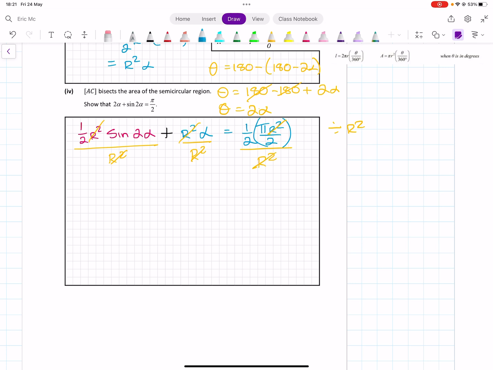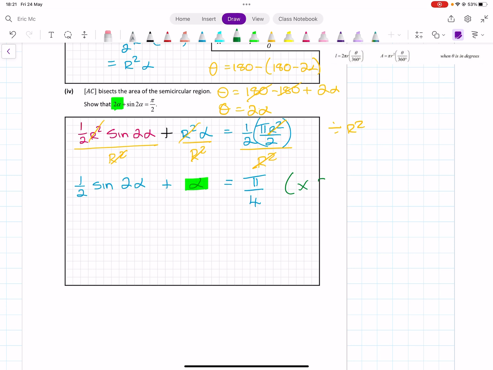Okay, so if I tidy that up, I have a half sine 2 alpha plus alpha equals, and this is going to be 1 by pi is pi and 2 by 2 is 4. Now, if we just concentrate on the alpha, it's supposed to be a 2 alpha.